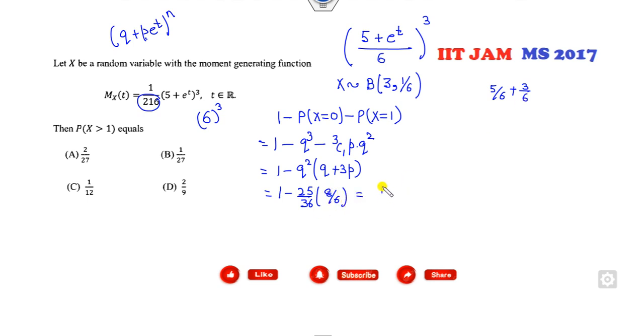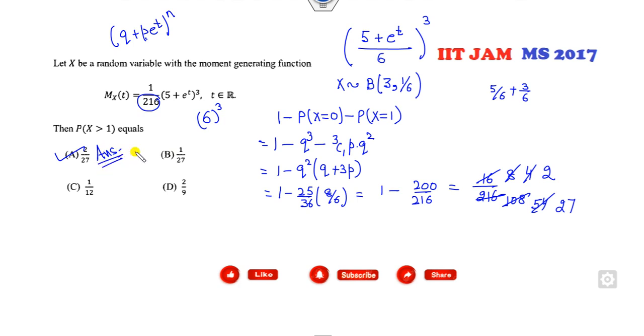So it is 1 minus 200 over 216, which is 16 over 216. I can divide by 2, it's 108 over... then by 2 again it's 54, and again by 2, so 2 by 27 is the right answer of this problem. You must remember the moment generating functions.